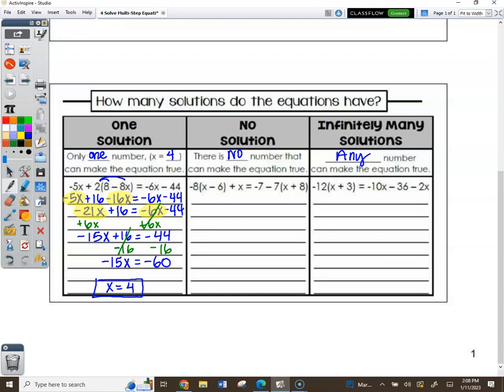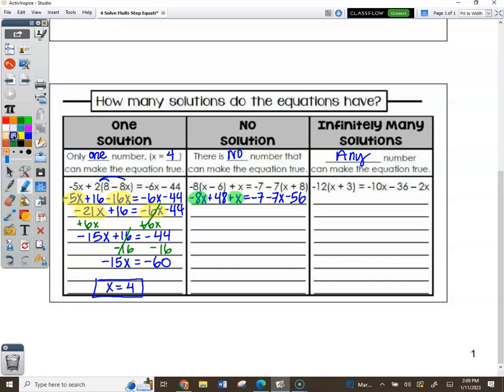It's really crowded when you distribute that negative 8 and negative 7. Apologies for the crowding. Then you can combine the like terms that are on the same side. So those are on the left.